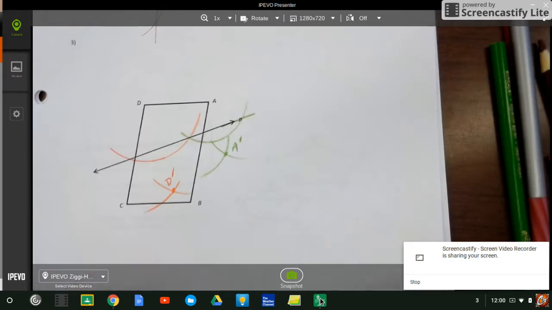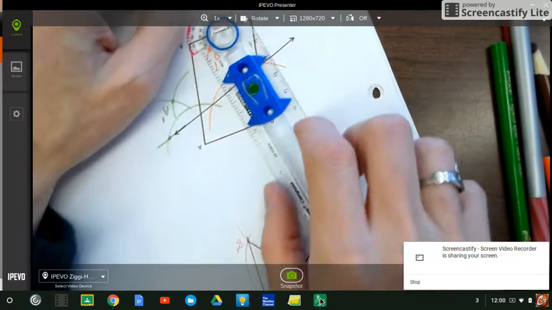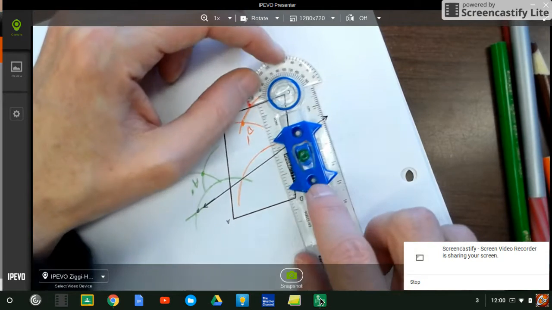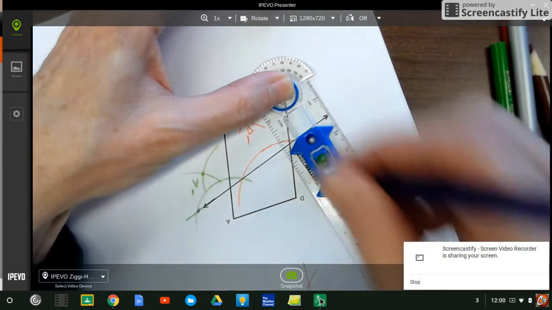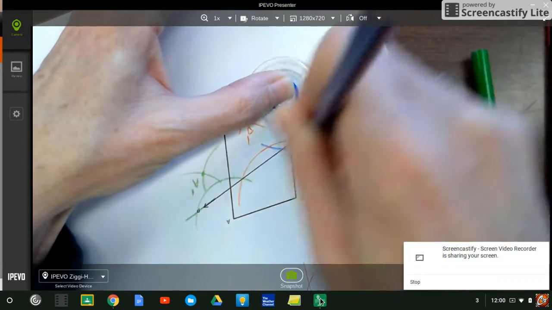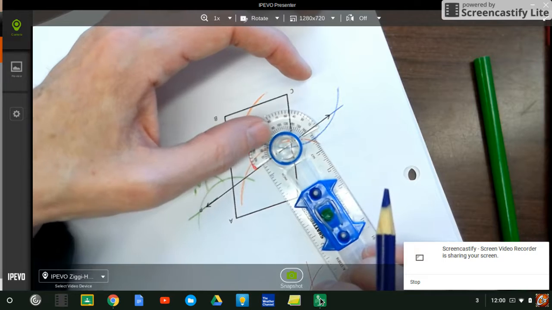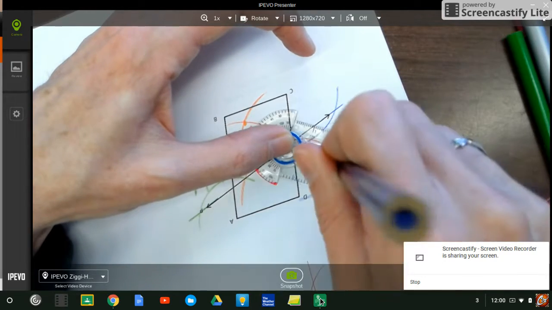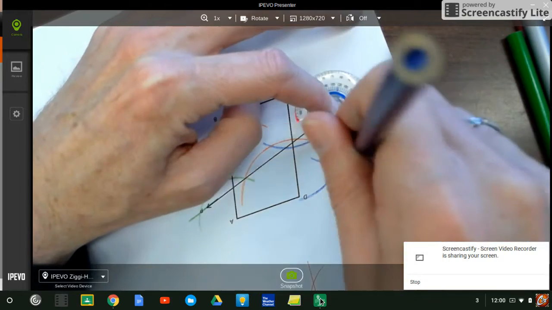And now the other 2 points. You know what? I'm going to make it a little easier on myself. I'm going to flip the paper upside down and do B and C. Okay, so C, let's do that in blue. Again, need to extend that line up a little bit. Hope that works. Good.